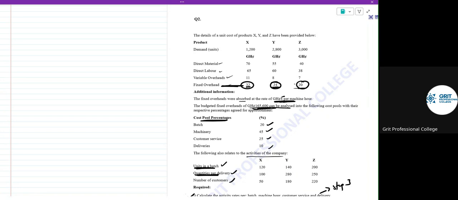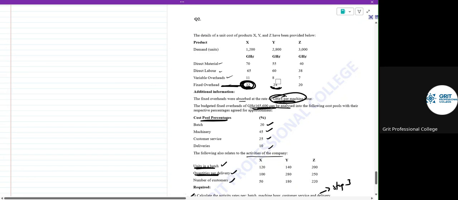I hope you remember we did something like that in our last meeting, where we calculated the OAR and then used the OAR to charge the overheads into our product. So here they've done the charging of the overheads into your products for you, using machine hours as the basis, with an OAR of 8 cedis per machine hour. For each unit, there were some machine hours per unit that were multiplied by the 8 cedis per machine hour to get the 32, 24, and 20.